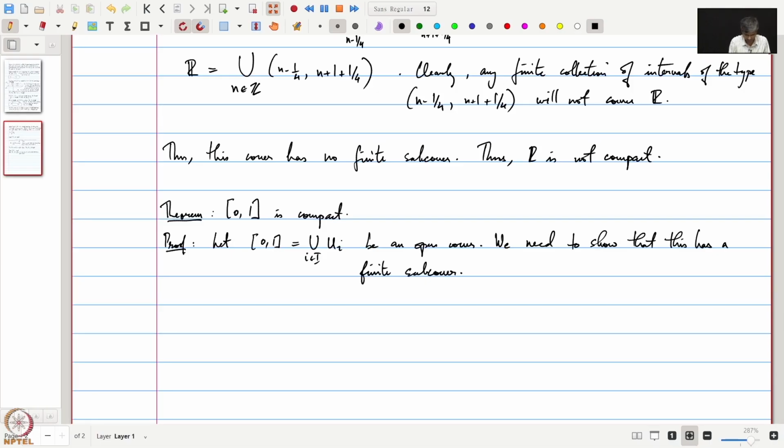As before, we let S be equal to those x in [0, 1] such that the closed interval [0, x] is covered by finitely many U_i's.